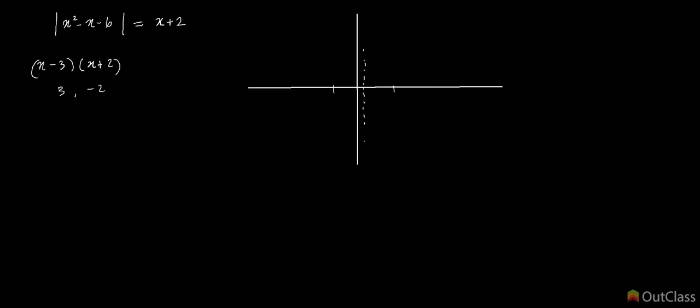And the lowest value you can obtain by substituting x equal to half in this expression, which will give you 1 by 4 minus half minus 6, which is minus 6.25. So my original curve is a parabola with its lowest point at half comma minus 6.25.